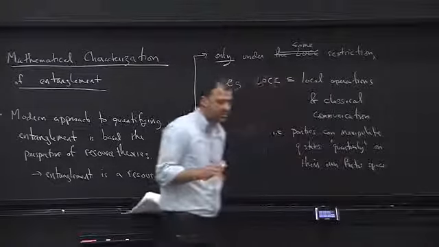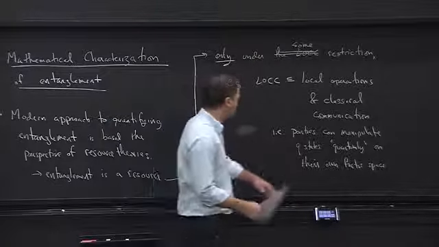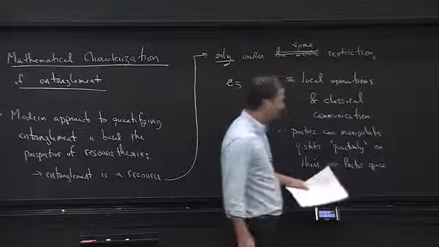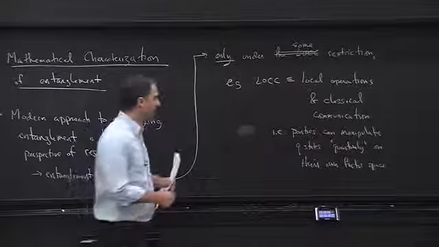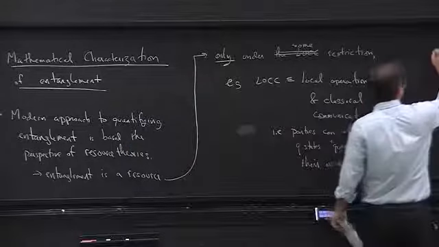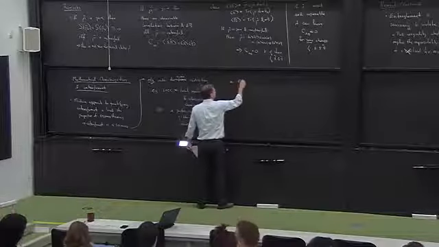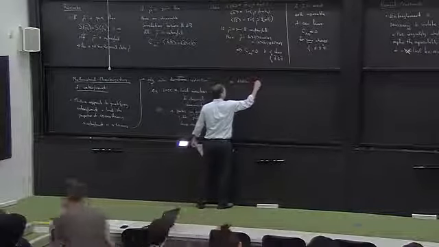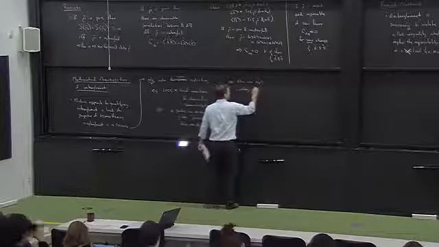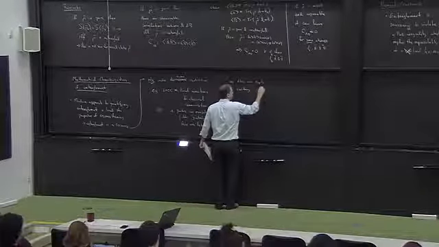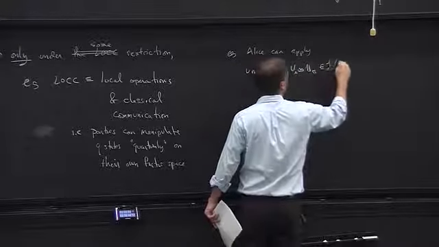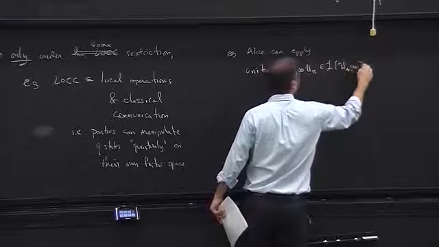This is a very loose definition, but the idea is that you have Alice and Bob, so you have HA tensor HB, and Alice can apply unitaries. So for example, Alice can apply a unitary of the form U cross identity. This is a linear operator on HA cross HB.